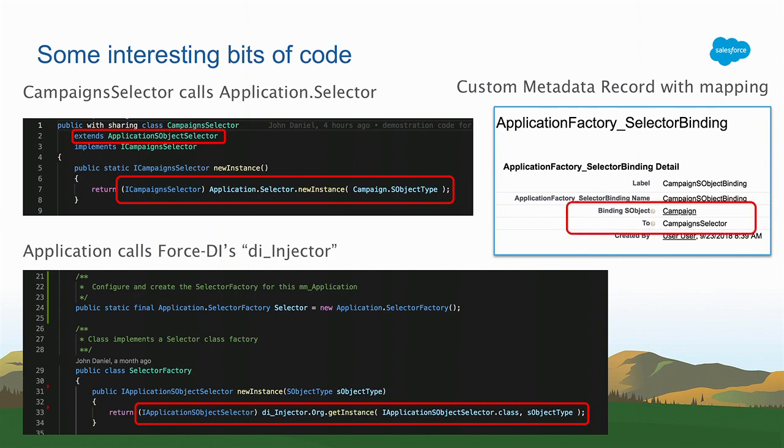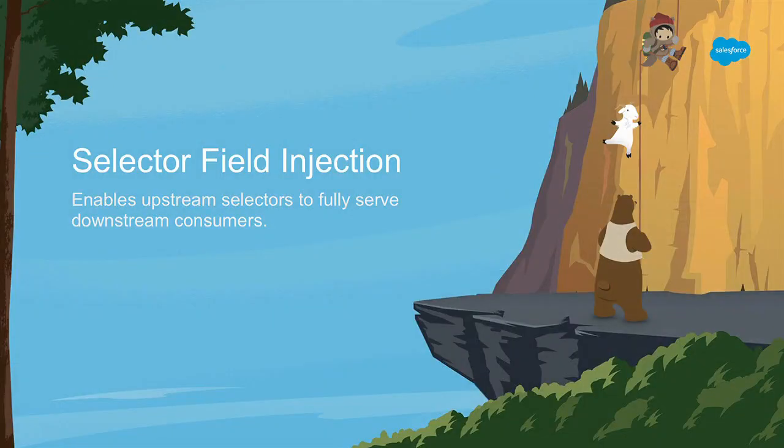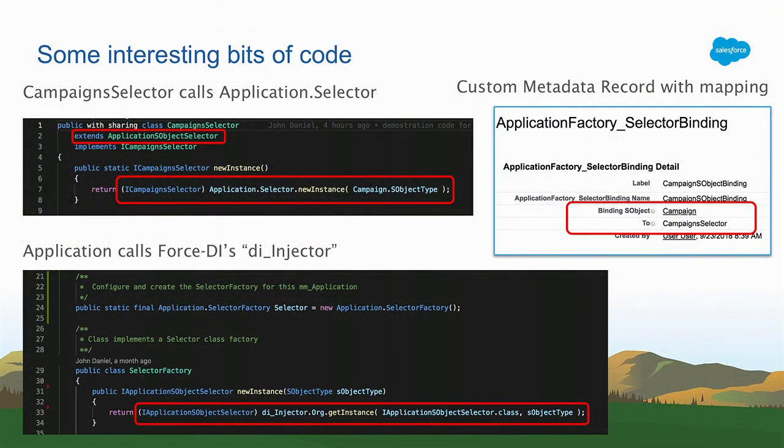And then we use custom metadata records to actually hold on to the mapping. Let me back up real quick. Now when we install the marketing package, it has with it the custom metadata record and the selectors, and now all of a sudden the application factory can look inside the custom metadata type and see what's going on, instantiate the class, just easy as can be.